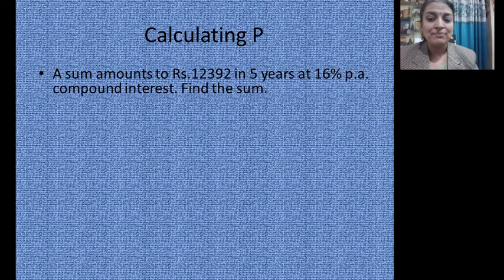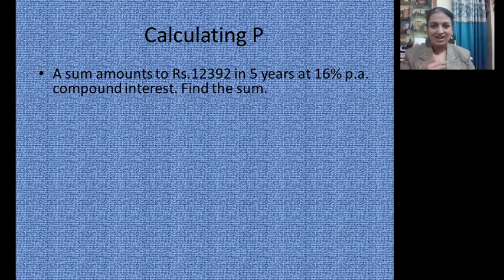What is the problem? A sum amounts to rupees 12,392. Amounts to means here it is the amount. Amount is 12,392 in 5 years. What is this 5 years? It is N. N is equal to 5 years. At 16%. What is the 16%?